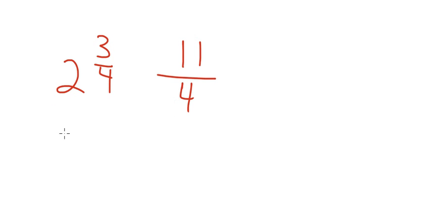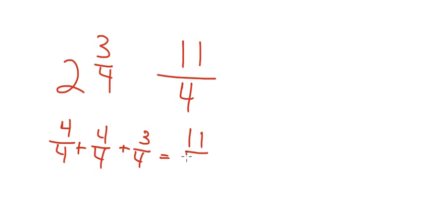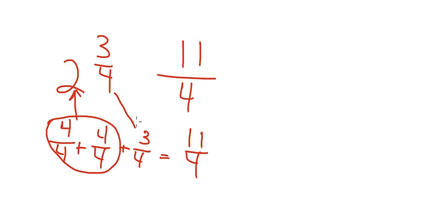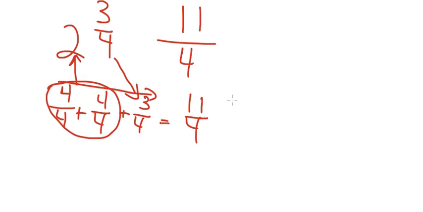What's the other way of doing that, Tucker? 4/4 plus 4/4. Yeah. Plus 3/4. And get 11/4. So these two 4/4 are a way of saying 2. I bring this down here and I just add these across, right? And you're exactly right.